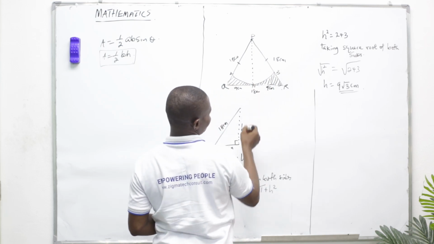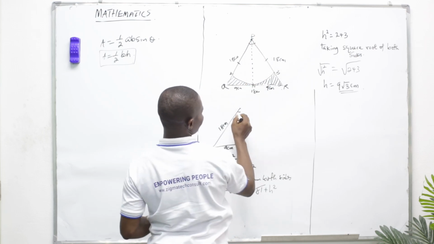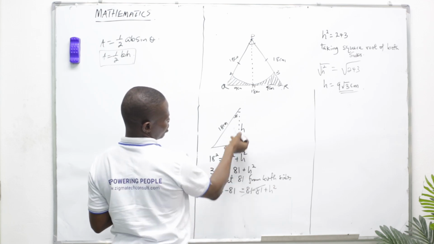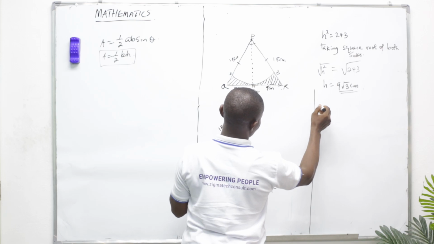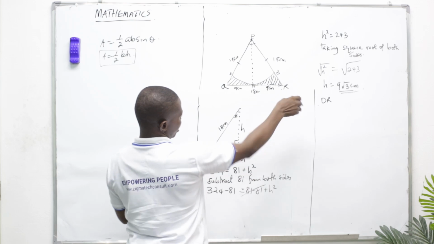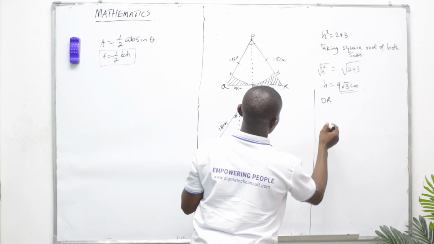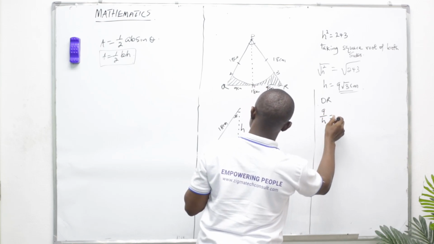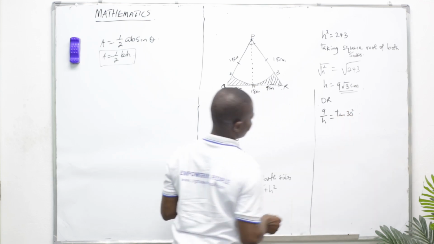Since you have divided this into 2, I made you to know that here is 60 degrees. If I divide it into 2, it means here is 30 degrees. Fine. If I say opposite over hypotenuse, or the second format of height before we finalize the area of a triangle here, opposite, that's 9/h equals tan 30 degrees.